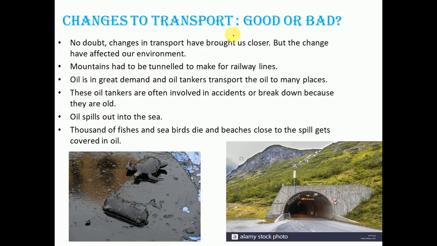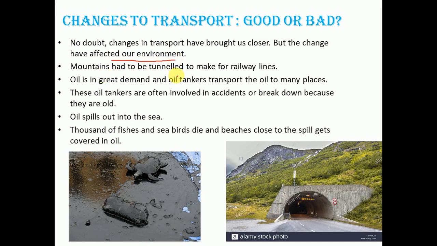Then, changes to transport. In the last class, students, we learned about changes to transport, modifications and inventions. So is it good or bad? No doubt changes in transport have brought us closer, right? But this change has affected our environment also. हमारे environment को भी badly affect किया है. कैसे?